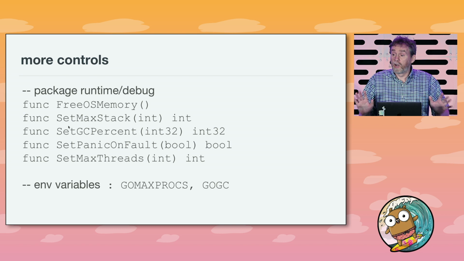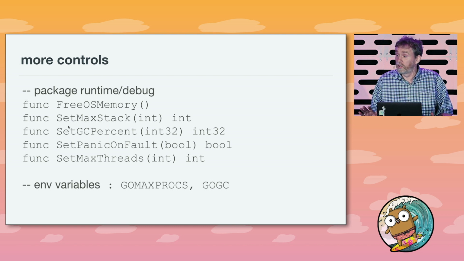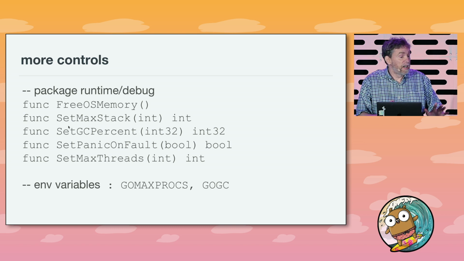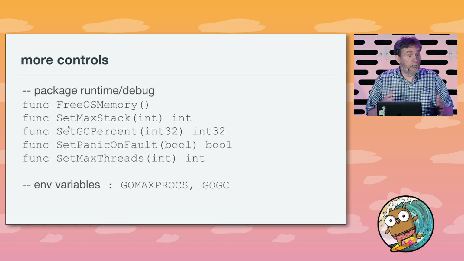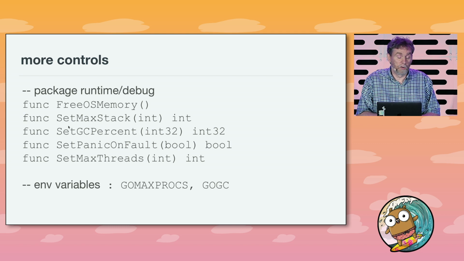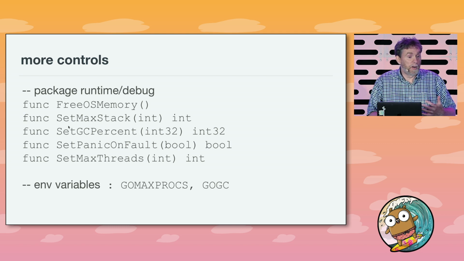Apart from those functions I just introduced, there are some other controls here I'll just mention and not talk about, just so you know they exist. In the debug package, there are other things like setting the maximum number of threads and so forth. And there are those environment variables.